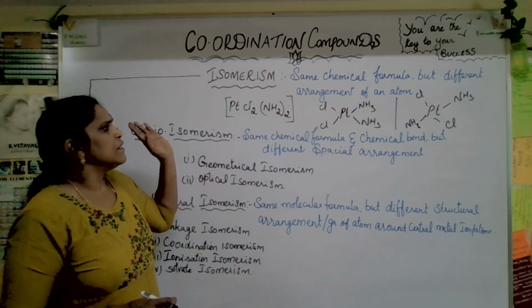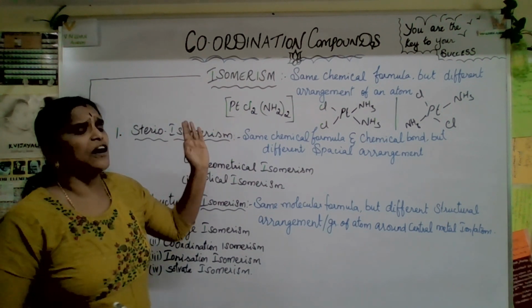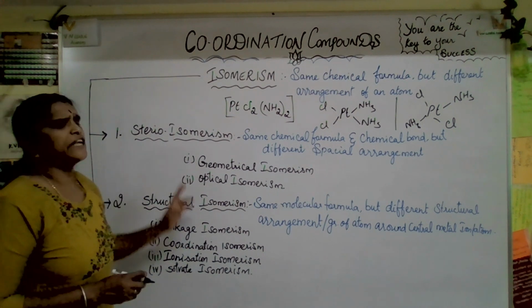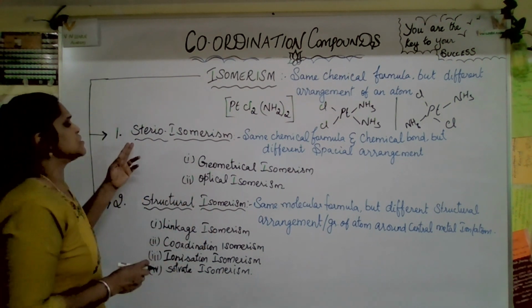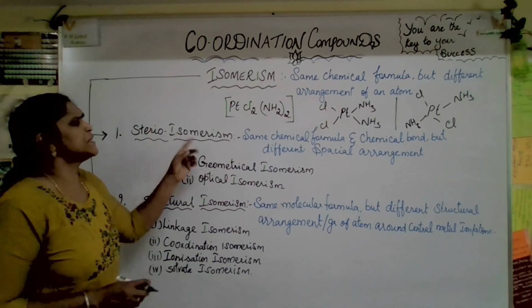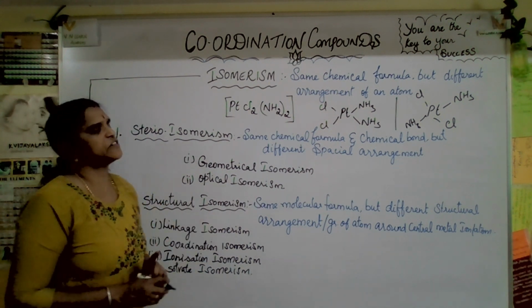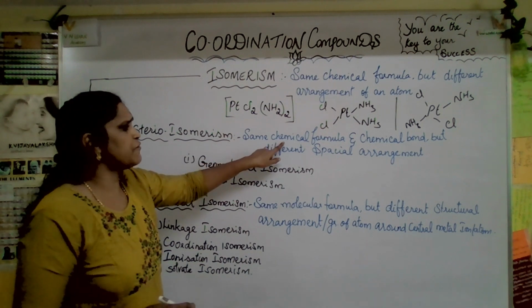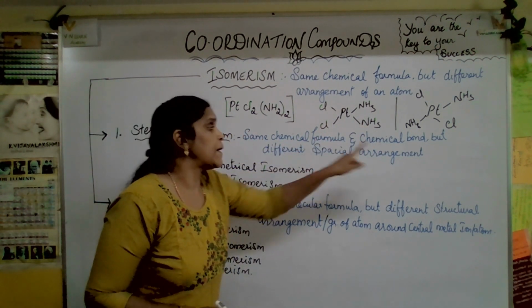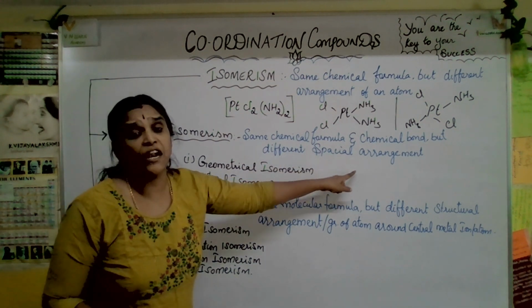First and foremost, what are the different types of isomerism? The different types are stereoisomerism and structural isomerism. What do you mean by stereoisomerism? In coordination compounds, same molecular formula, that means same chemical formula and chemical bonds, but different spatial arrangement.